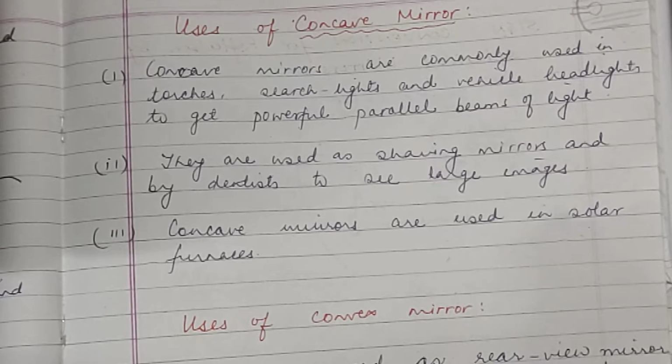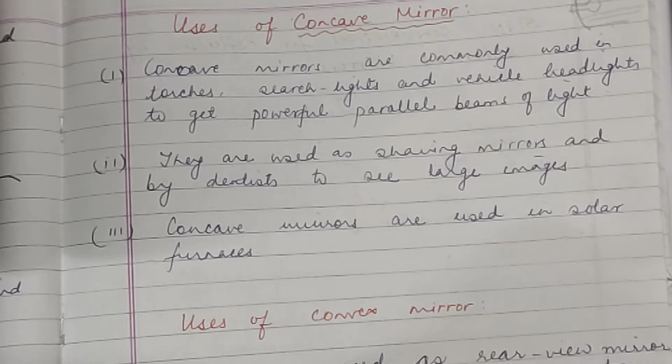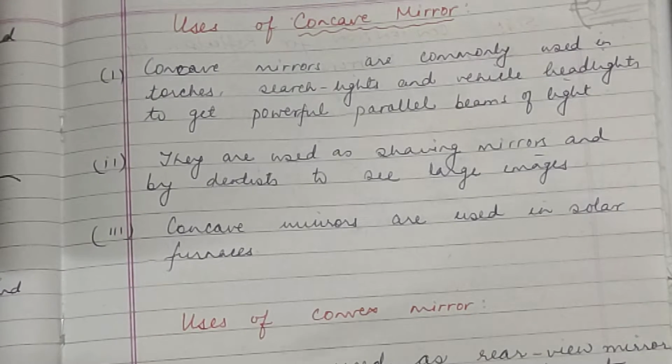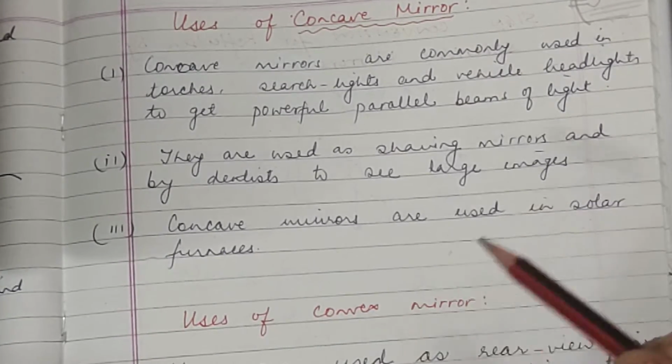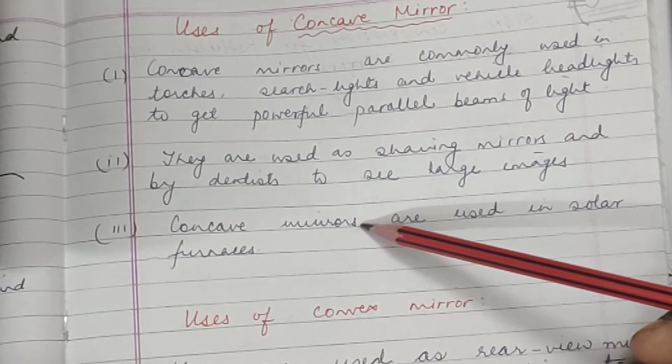As a result, the temperature of an object, suppose a container in the solar furnace containing water, placed at this focus increases. Hence the water in the container is heated or boiled. So these are the uses of concave mirrors.